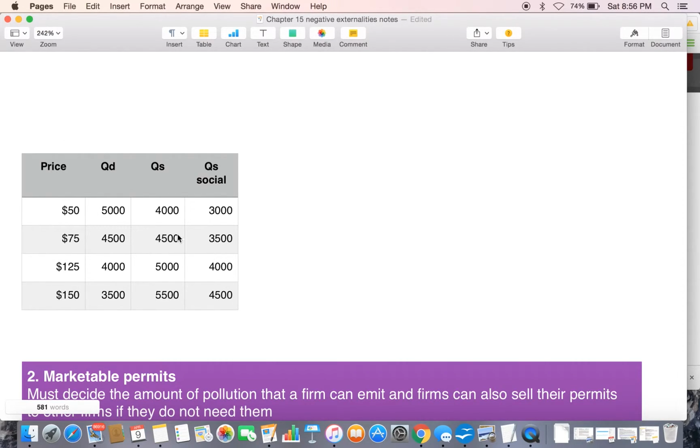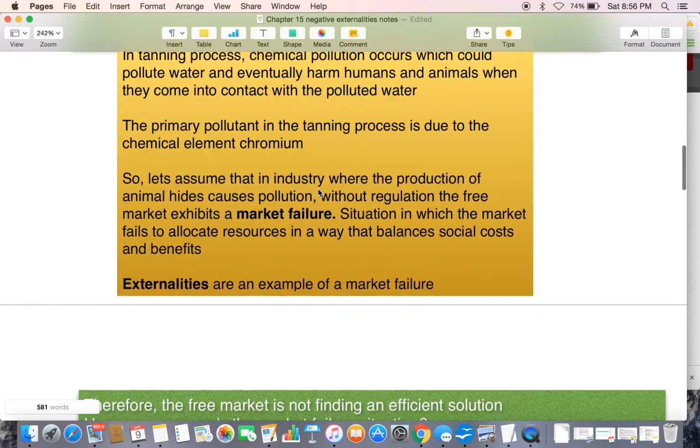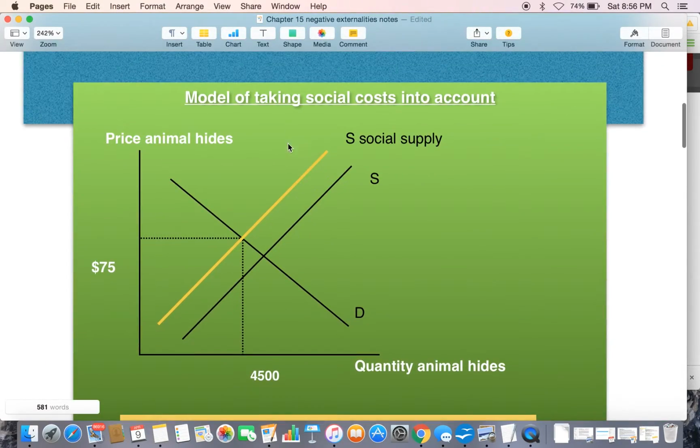Now, when we employ this pollution tax, we see that the social supply shifts up and to the left. So our social supply has shifted up and to the left.